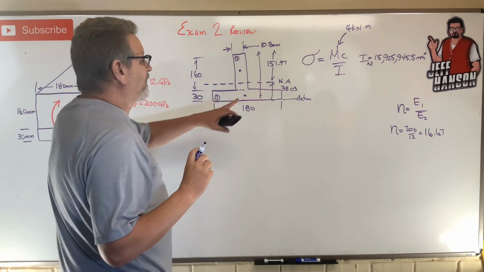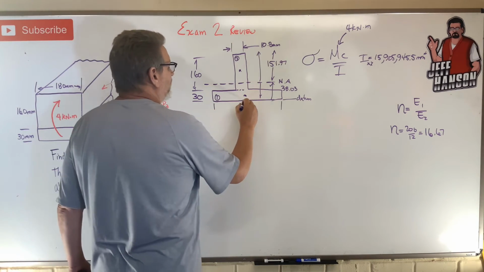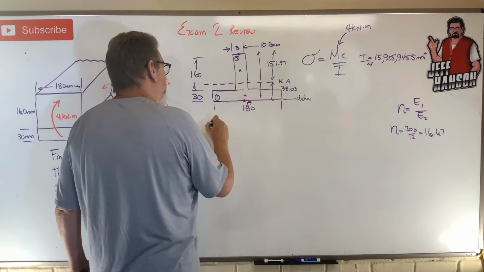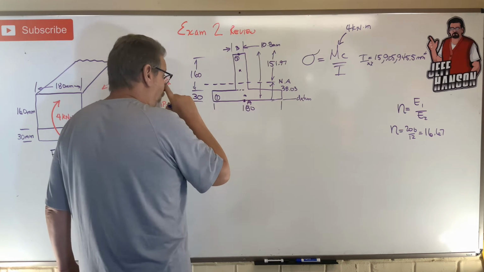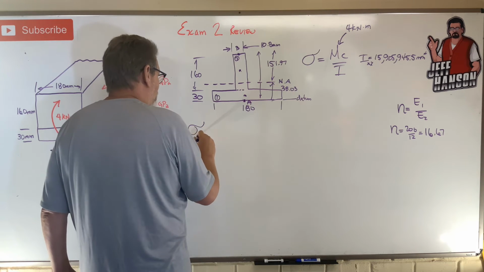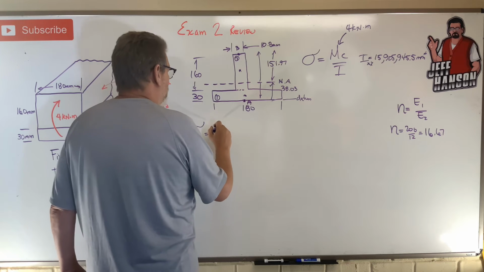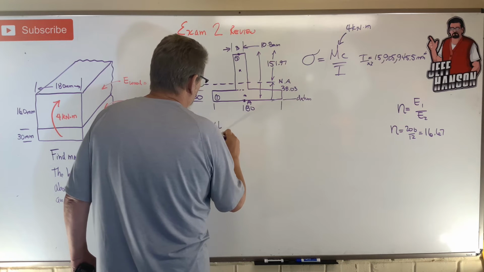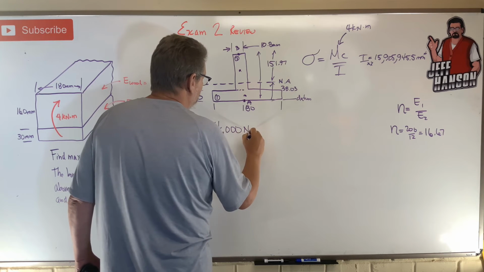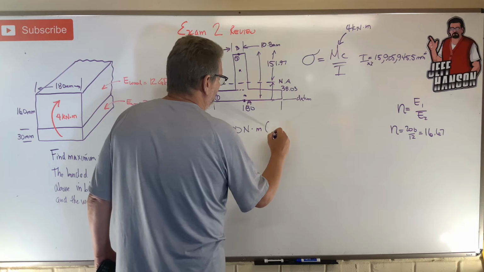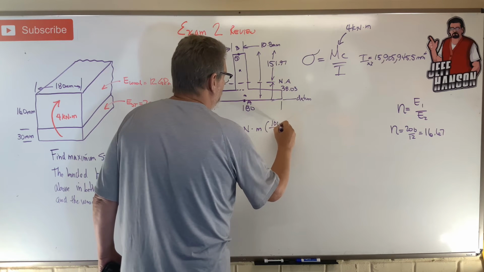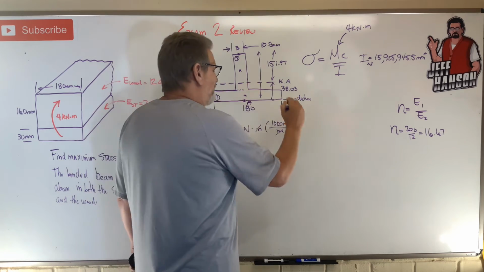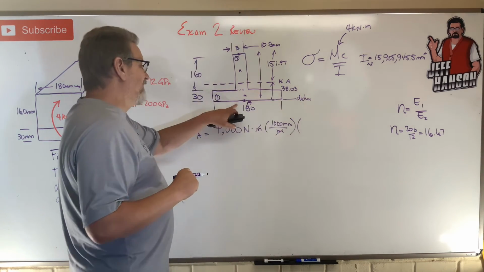We've got to calculate MC over I. Now what we're going to do, let's call this point A, and we'll call this up here point B, okay? We're going to find the sigma for both those points. Now point A is going to be steel, isn't it? So sigma at point A is equal to M, 4,000 newton meters, but let's get rid of that meter, which is 1,000 mm, times C. So for A, down on the bottom, what is C?